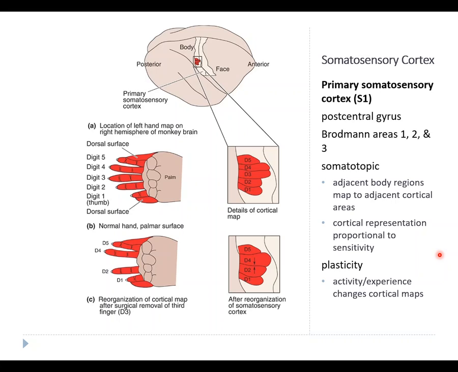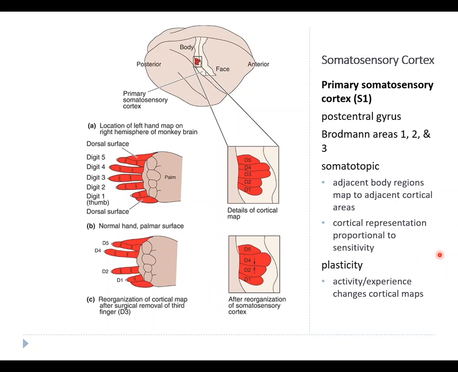Another important property of somatosensory cortex, which is actually a property of all cortical regions, and to some extent of all parts of the brain and the nervous system generally, is plasticity. When we talk about plasticity, what we really mean is flexibility. Something that's plastic is flexible or changeable.